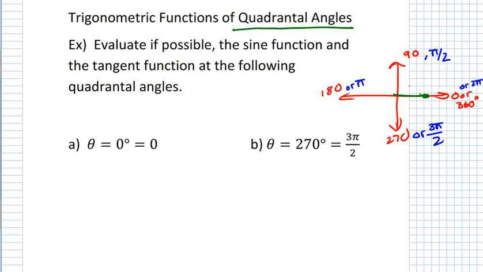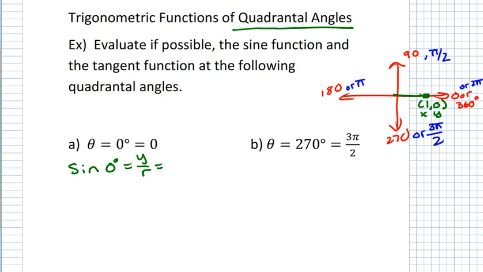So for example here, I could pick any point on the x-axis here for 0 degrees. Like I could pick 4, 0, because remember 0 is on the positive x-axis. It makes sense just to choose 1, 0, because 1 is an easy number. So remember, this is my x and this is my y. So if I'm trying to find the sine of 0 degrees, remember sine is y over r.